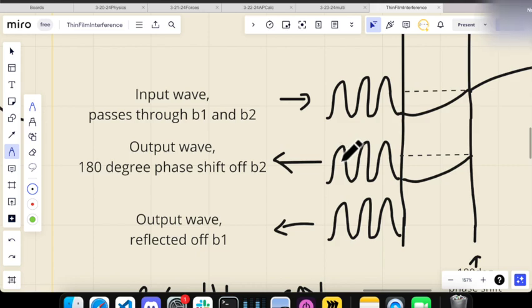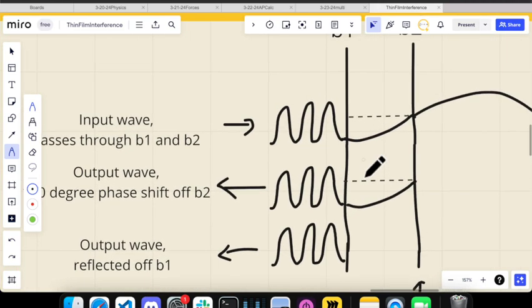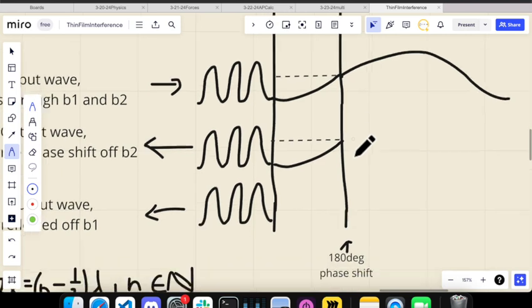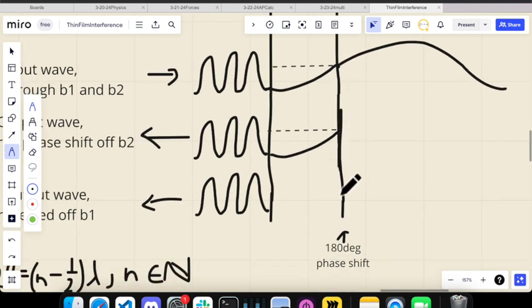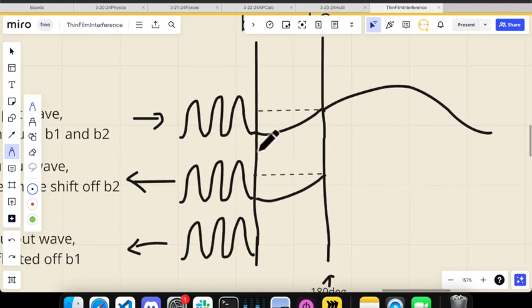Again, the way to think about it is that we know there's going to be a 180-degree phase shift off this boundary. Since we want the wave to end up here, if this were to keep going, like drawn here, it would end up here. We want it to end up here, right? So we need something where it starts somewhere here when it's going to the left, and it's pi away from the other partition.